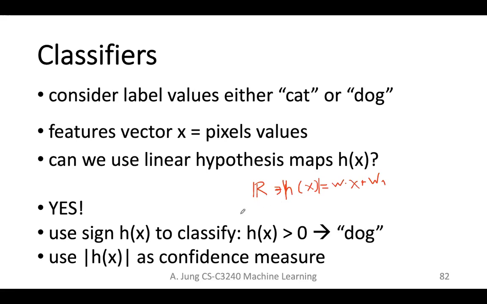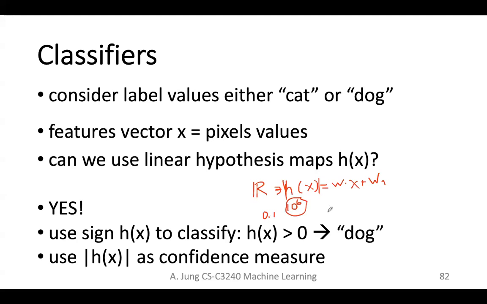So you could have the hypothesis being 0.1, or the hypothesis being 10 to the power of 6. Both of these values would be larger than 0 and result in a prediction of dog. But in the 0.1 case, you would be way less confident in the prediction than when you have the predictor value 10 to the power of 6.